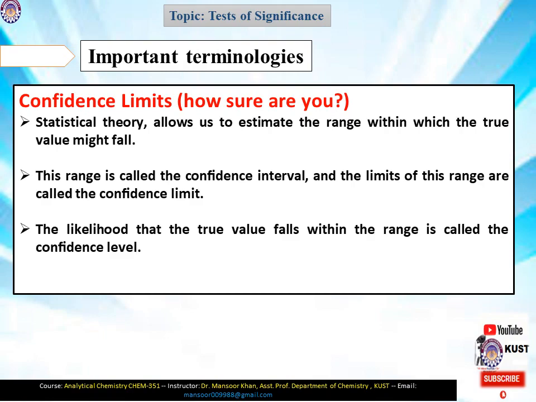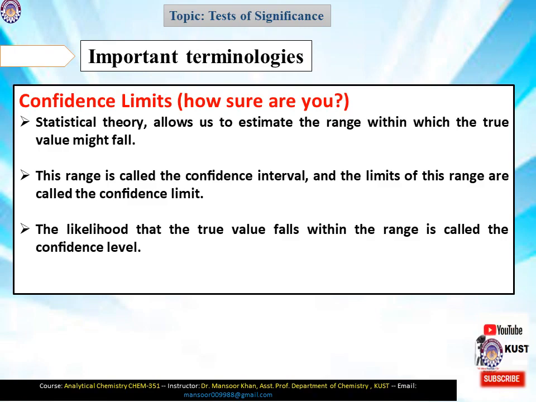But another problem is that with an increase in the confidence interval, the standard deviation is increased. So we will select the particular confidence interval with a low standard deviation, in which we are 90% or 95% or 99% confident that the true value is present.